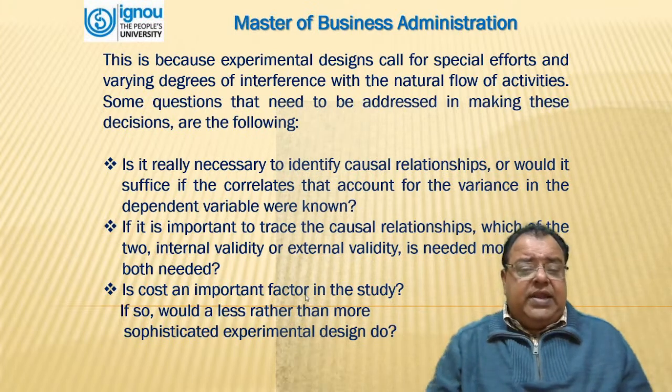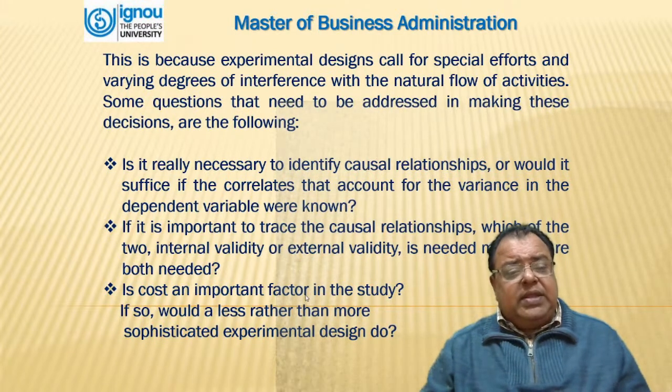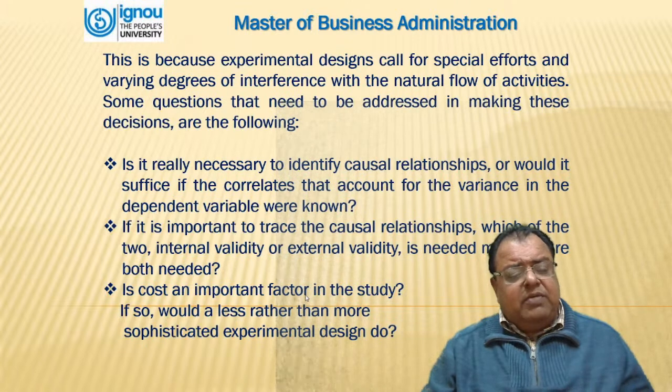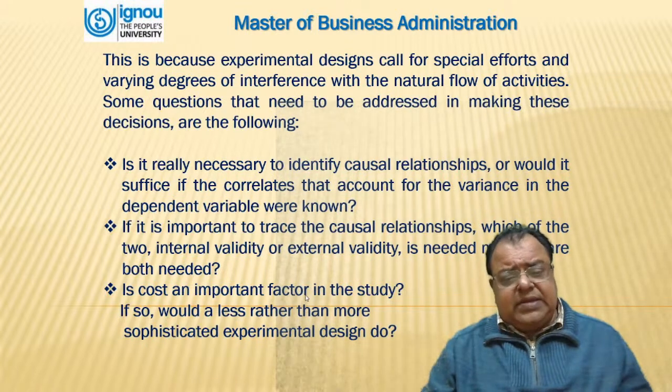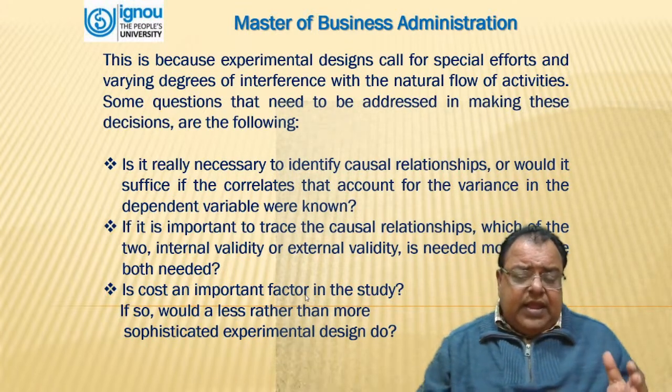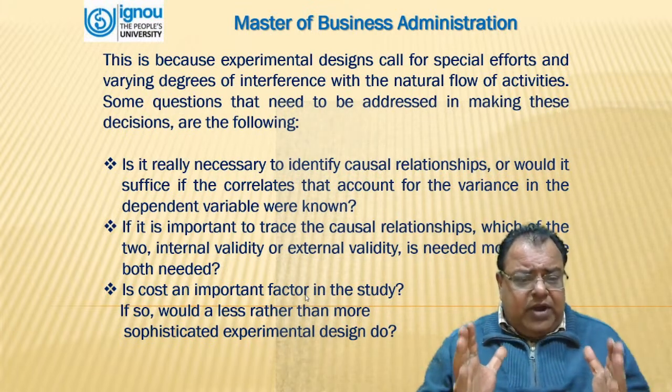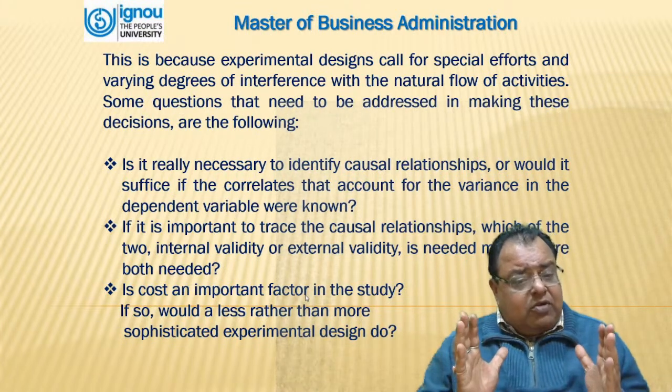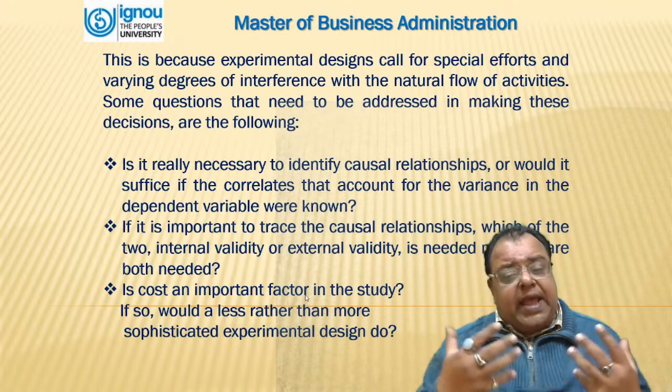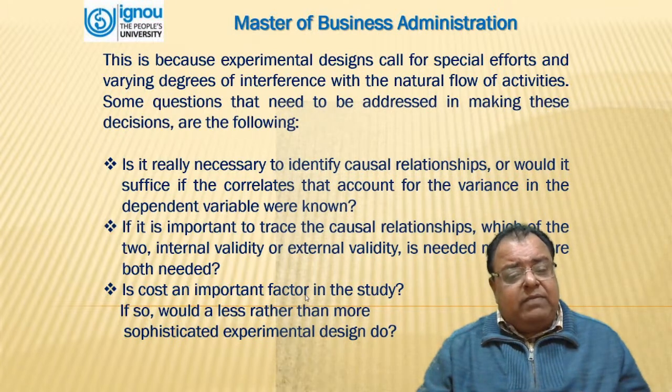Some questions that need to be addressed in making these decisions are: number one, is it generally necessary to identify causal relationship, or would it suffice if the correlates that account for the variance in the dependent variables were known?